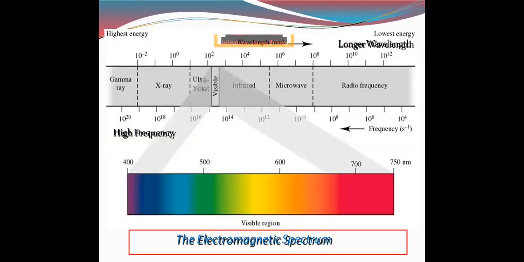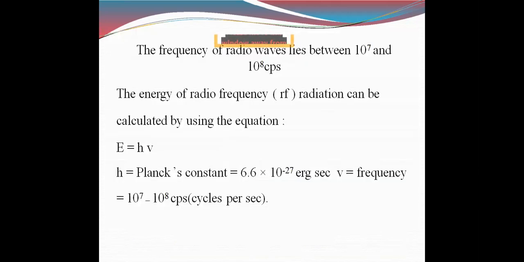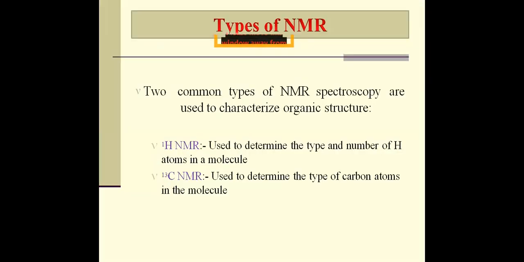If we apply an external magnet, then the spinning of the nucleus takes place, and the spinning can be noted in terms of graphs and plots, in terms of chemical shift. We had also discussed the frequencies required, radio frequency waves, starting from 10 to the power 8 to 10 to the power 12 nanometer. So it's a larger wavelength and low energy. That we had discussed in the last class.